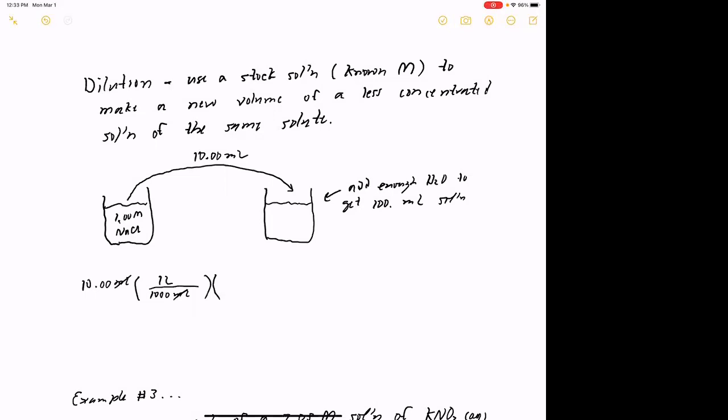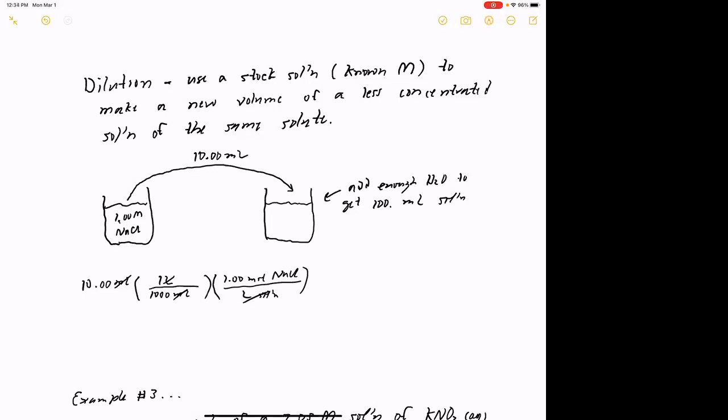Oh, and I had a fixed molarity, right? So I had 1.00, and I'm going to rewrite my molarity as moles of NaCl per liter of my solution that I started with, okay? Because that's what molarity is. Notice what happens. Liters cancels with liters, like we said before, and I end up with moles.